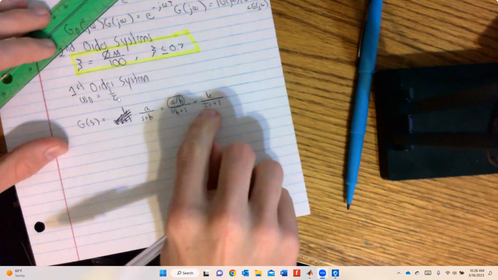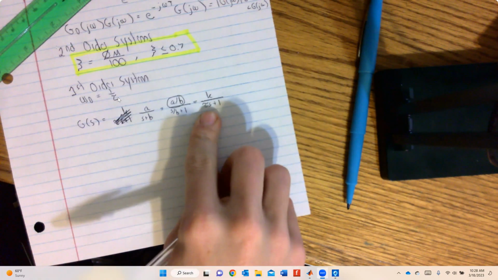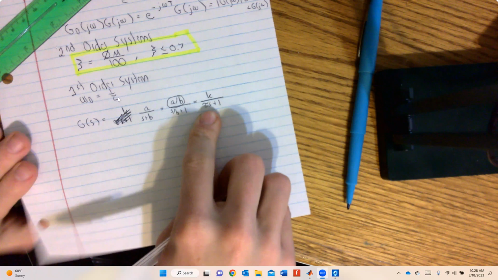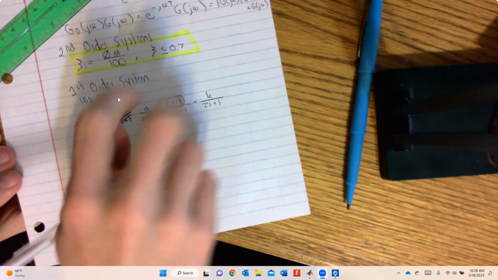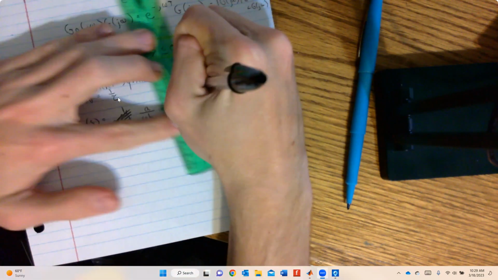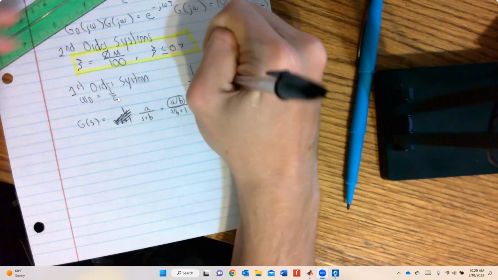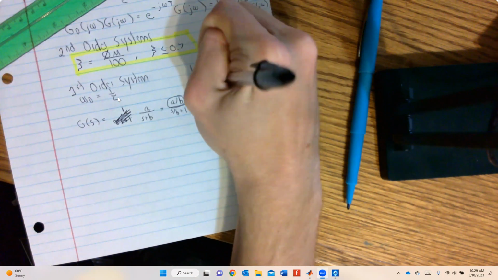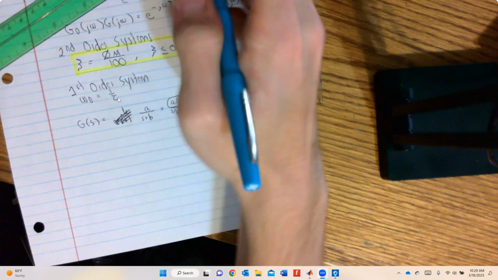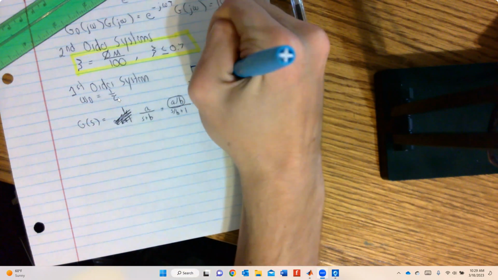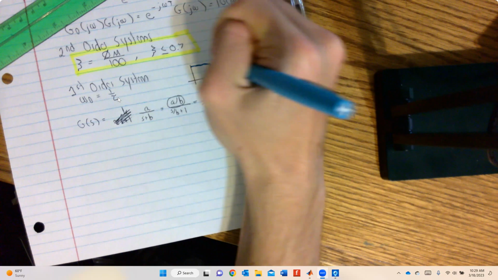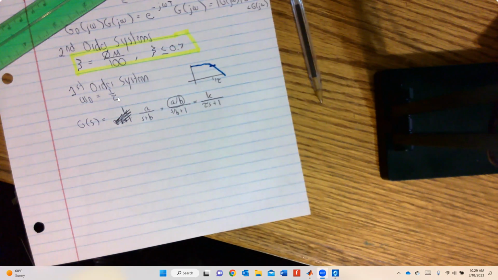That would give you where your pole actually occurs. And the bandwidth is equal to 1 over tau because we saw from the plot that this would be your 1 over tau point. That's where the negative 3 dB point is. And so that's the bandwidth of your first order system.